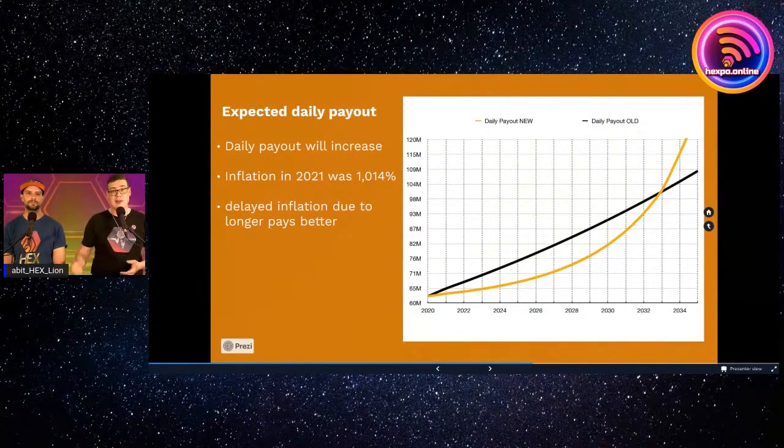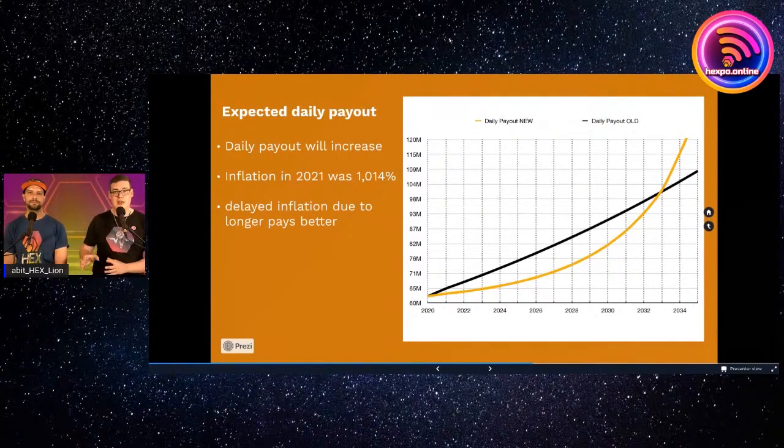So right now we have all the data from 2021, and the inflation in 2021 was nowhere near the 3.69%, because we have such a delayed inflation in HEX because of the staking mechanism, as people who are staking for 10 years or longer are getting 3x the T-shares.